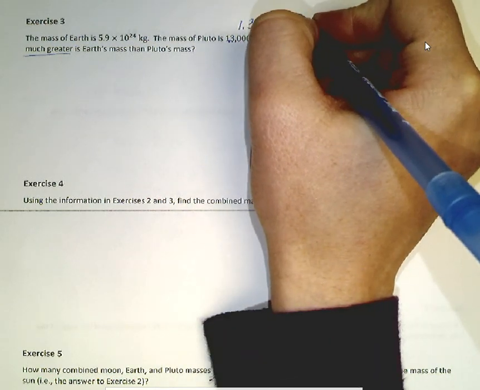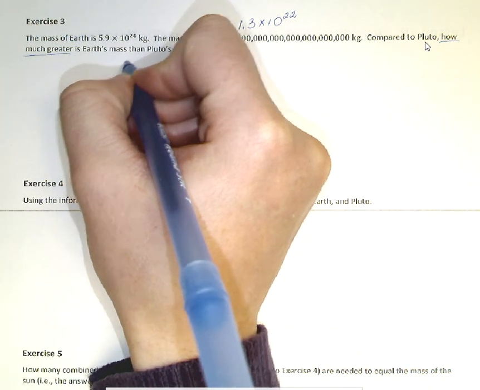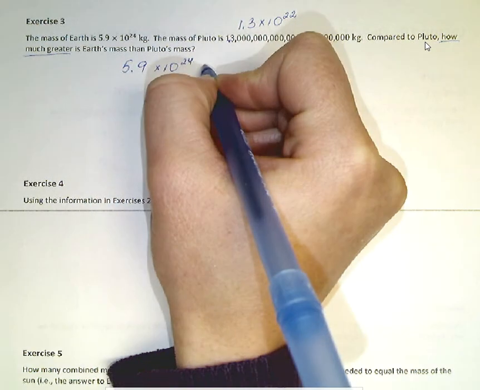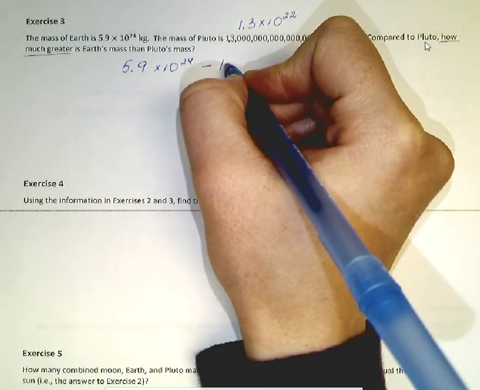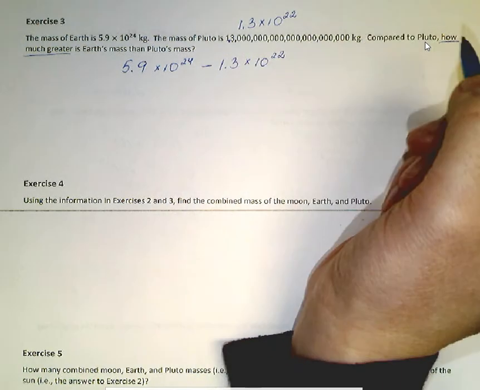So 10 to the 22nd power. Okay. So now I'm going to subtract one from the other. I have 5 and 9/10 times 10 to the 24th minus 1 and 3/10 times 10 to the 22nd.